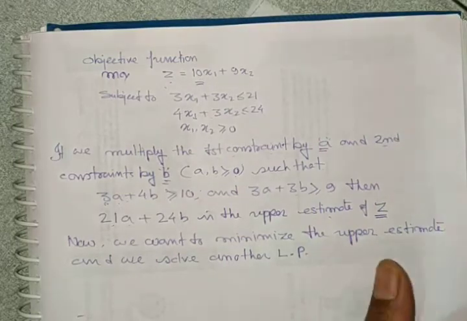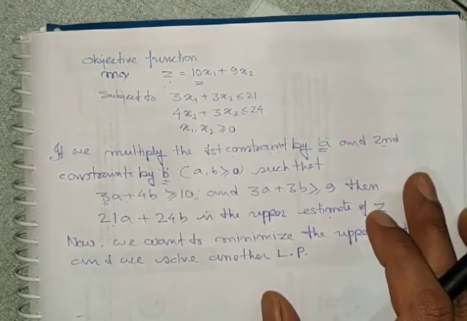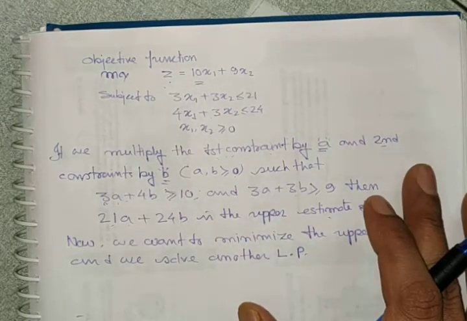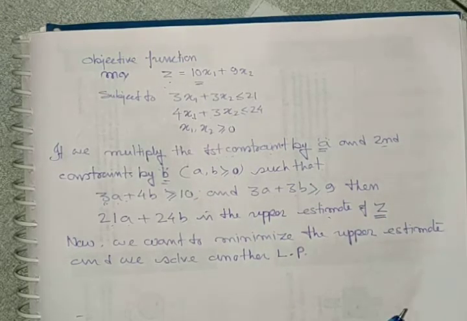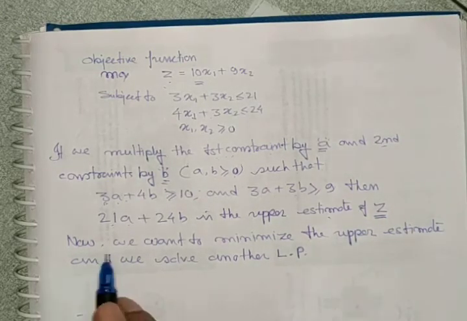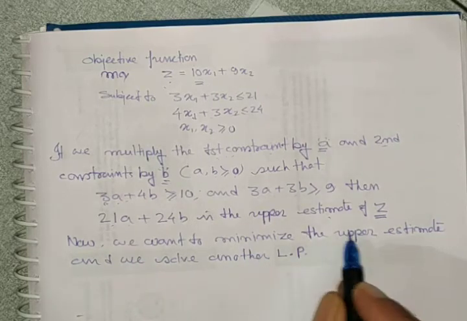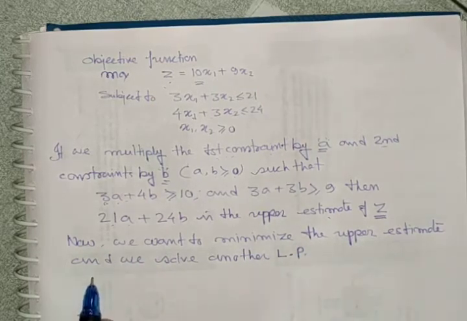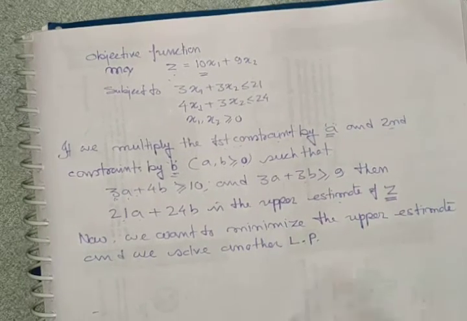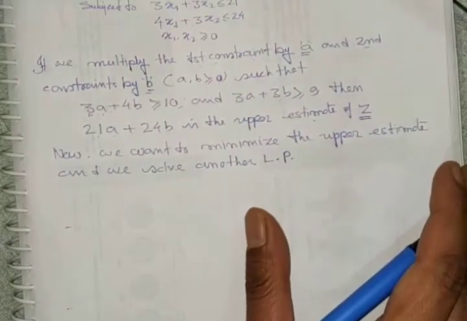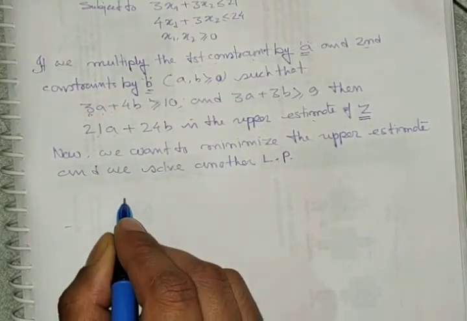So this is a generalized representation of what we did a few moments ago. Now we want to minimize this upper estimate and we will get another linear programming. We can write the same thing in a linear programming methodology.